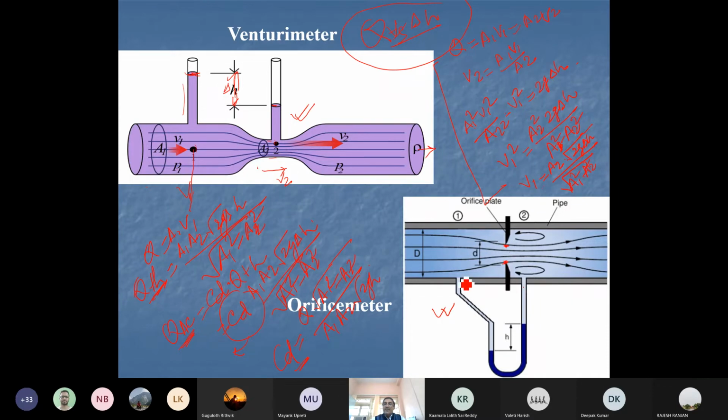And if we compare these two pressures to find out the head difference, we can simply find out the discharge by this equation. So we need to find out the CD value for both orifice and Venturimeter and establish a relationship that is called the calibration curve, or calibration of these two attachments with respect to delta H. That is our objective of learning.